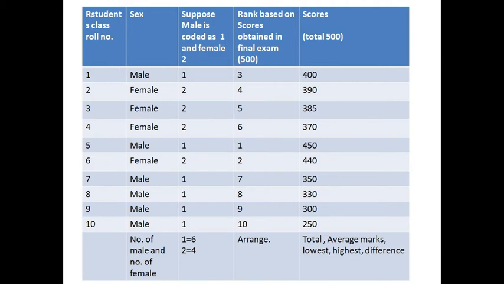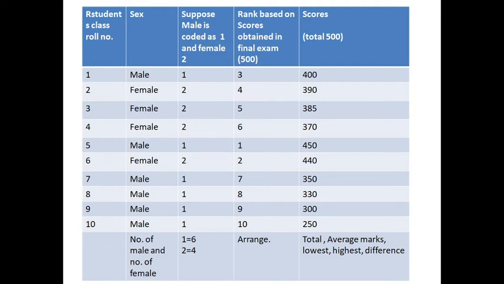Then see, roll number 6 obtained 440. So this is the second highest mark after 450, and therefore roll number 6 secured rank 2 in the class of 10 students. So this data that you are noticing in the fifth column is measured in interval scale.